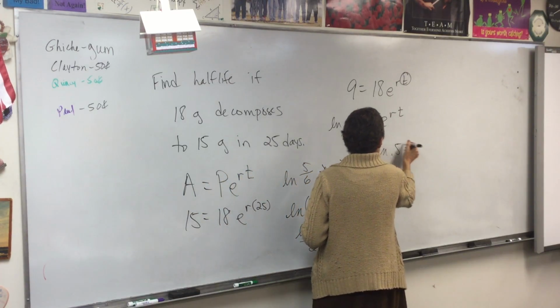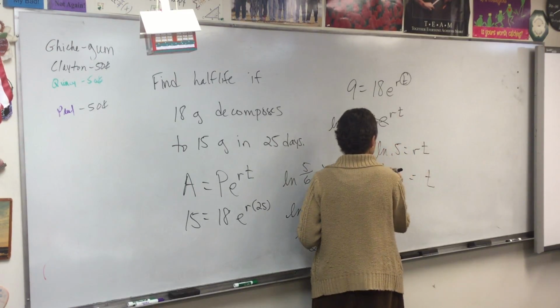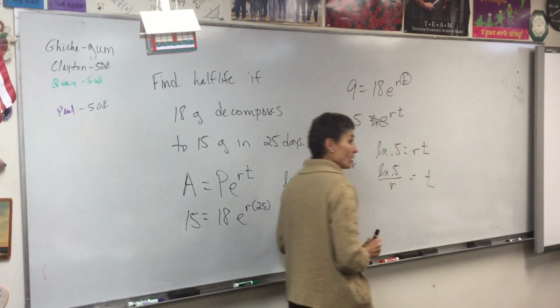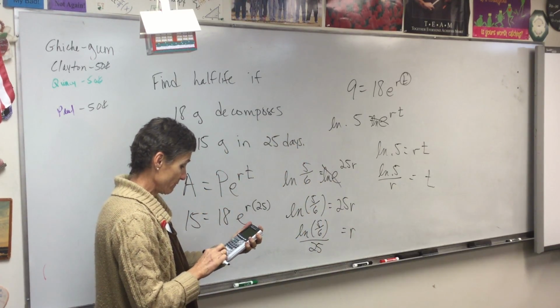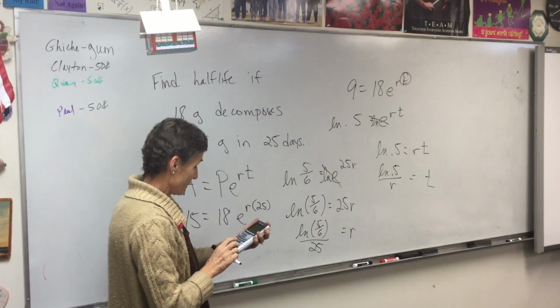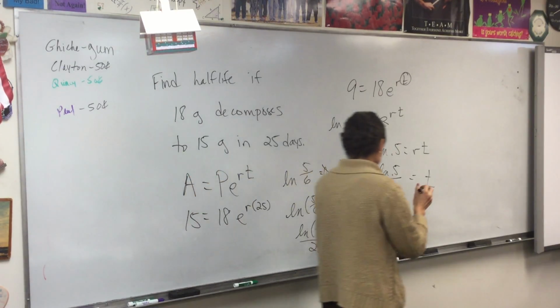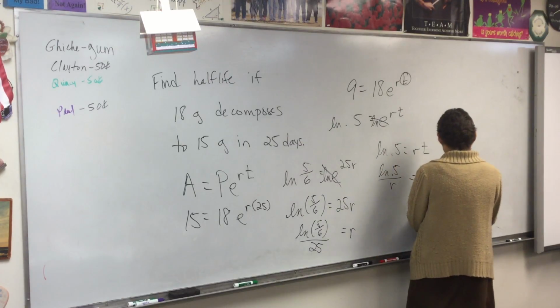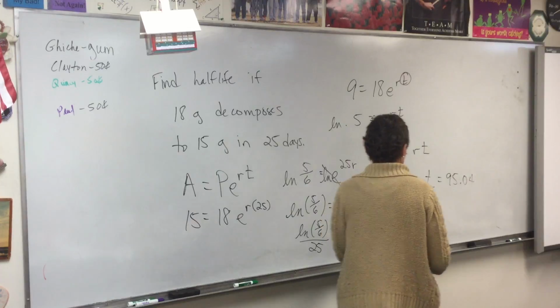So ln 0.5 equals RT, and T equals ln 0.5 over R. So I'll just take ln 0.5 and divide it by my answer. Oh my, how long is it going to take? 95.04 days.